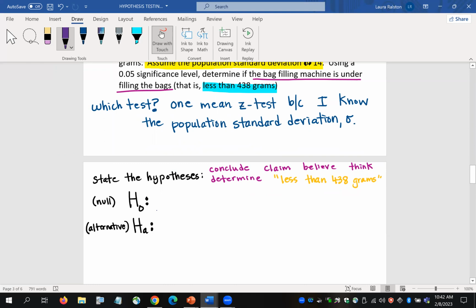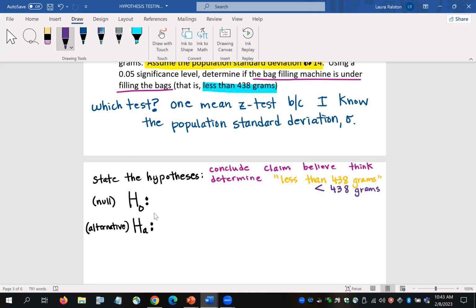And it all depends on the math symbol. Less than, when I think about less than, I would think of this symbol. Notice that that symbol and that phrase less than does not contain equal in any shape, form, or fashion.